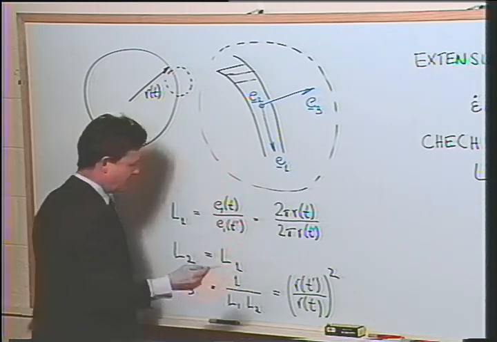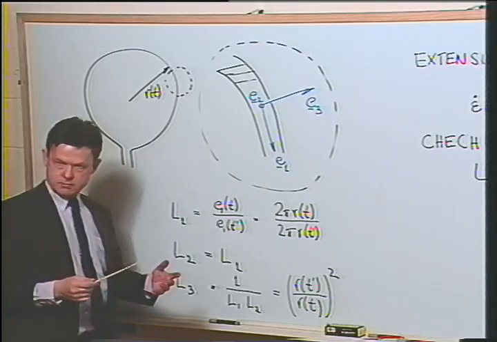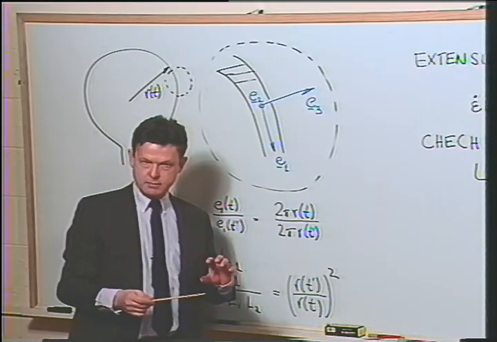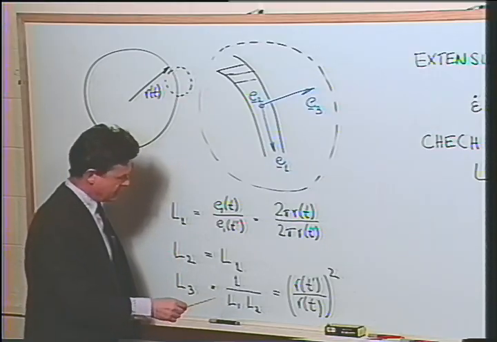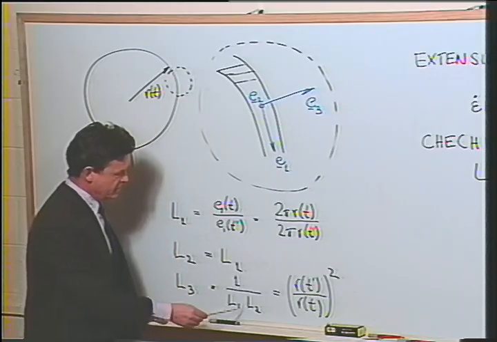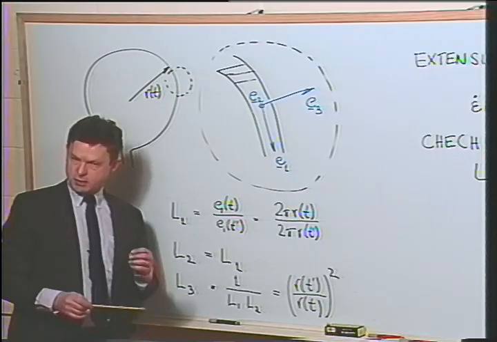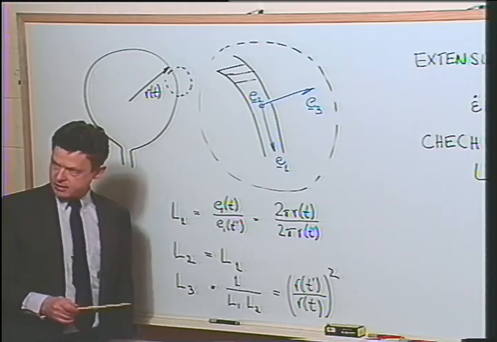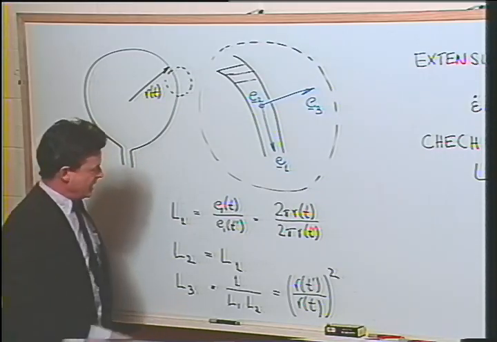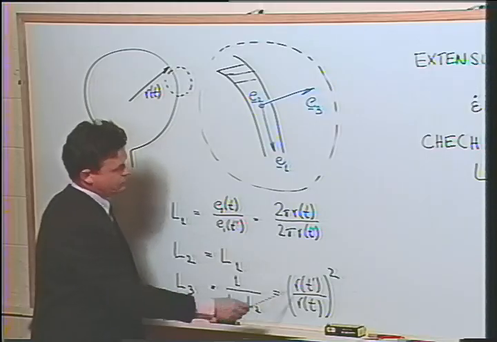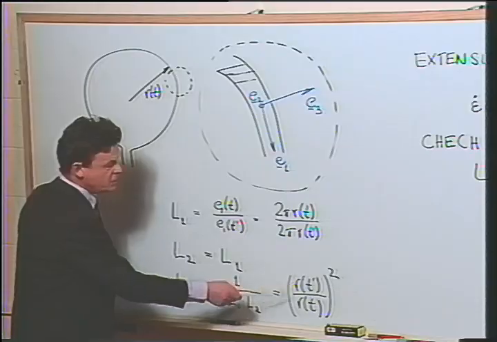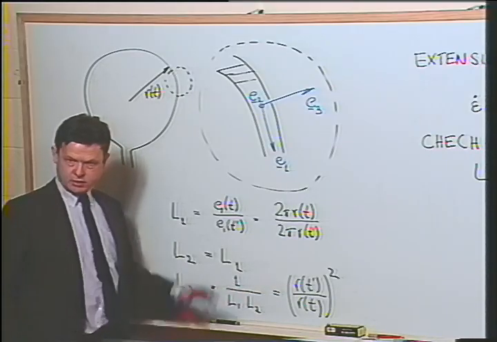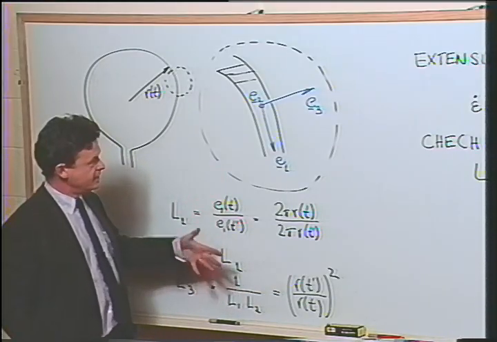Therefore, with conservation of mass combined with constant volume, combined with constant density, we can say the volume is conserved with λ1, λ2, λ3. The product of those 3 is equal to 1. And since we know λ1 and λ2, we can formulate now the stretching in the third direction in terms of the radius change. So those 3 stretches are identified.